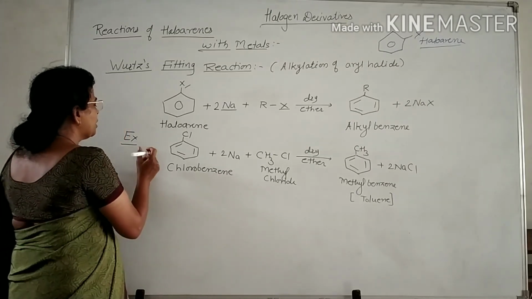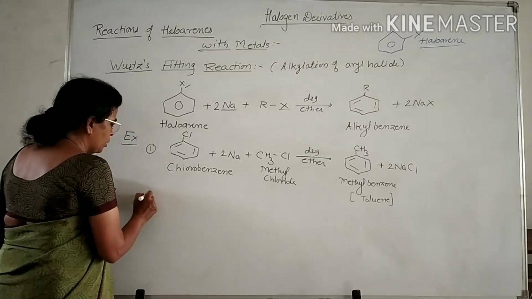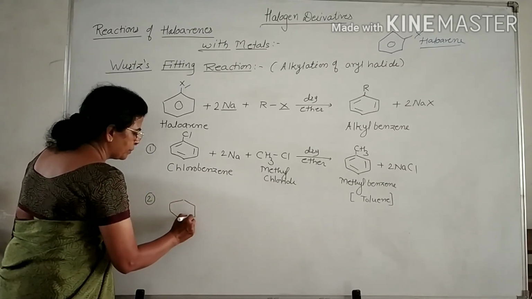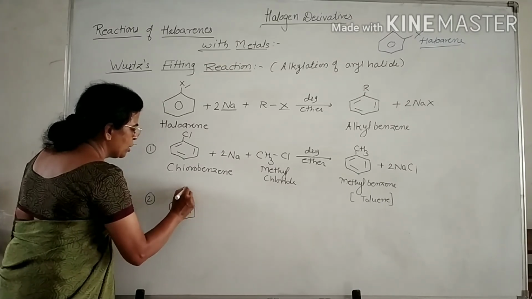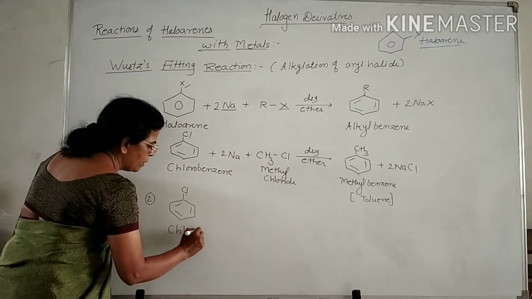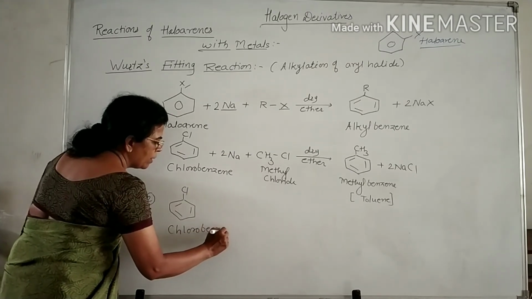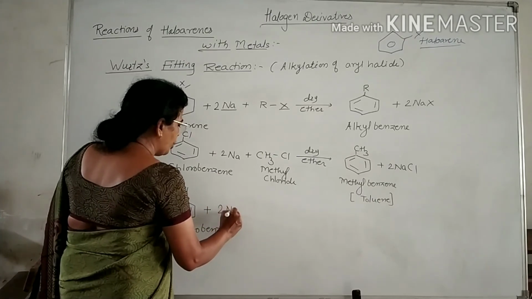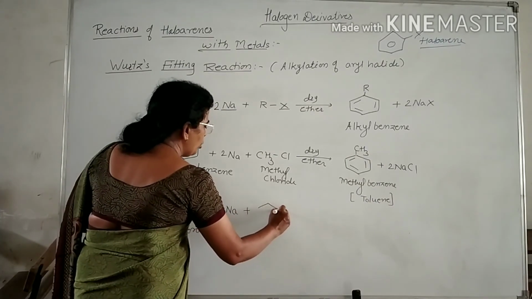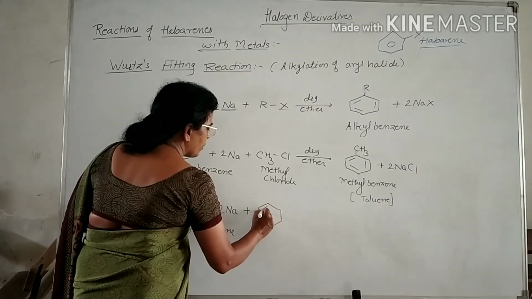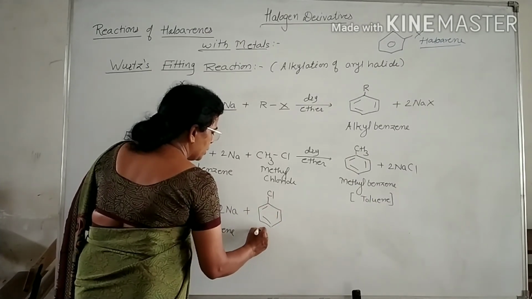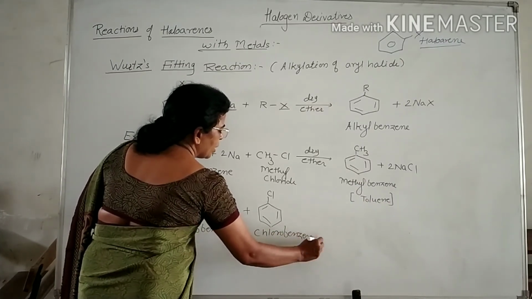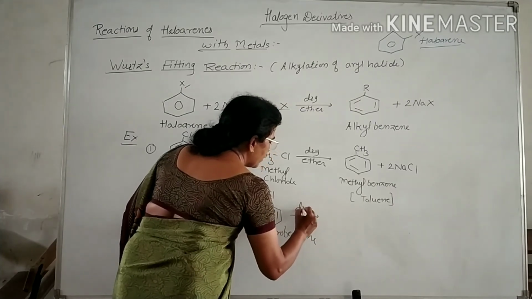Now if we take a second example in which both haloarenes are used, like this. This is chlorobenzene, and this chlorobenzene is treated with sodium metal and a second molecule of chlorobenzene is used. This is also chlorobenzene, in presence of dry ether.